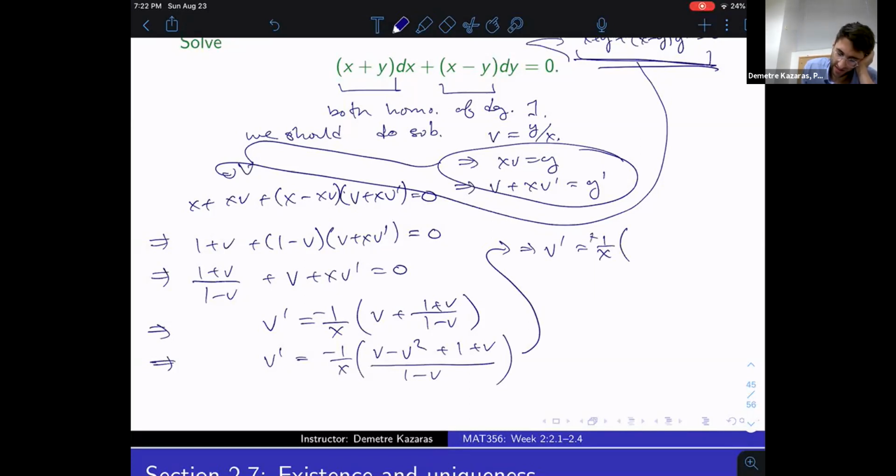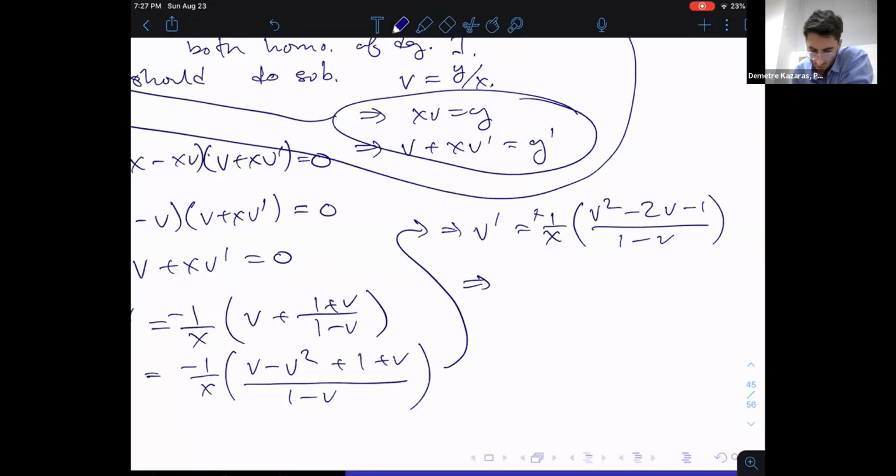Let's do a plus sign, so we'll have v squared minus 2v minus 1 all over 1 minus v. We get 1 minus v over v squared minus 2v minus 1. Let's integrate. So integral with respect to v over here and antiderivative of 1 over x with respect to x over there.